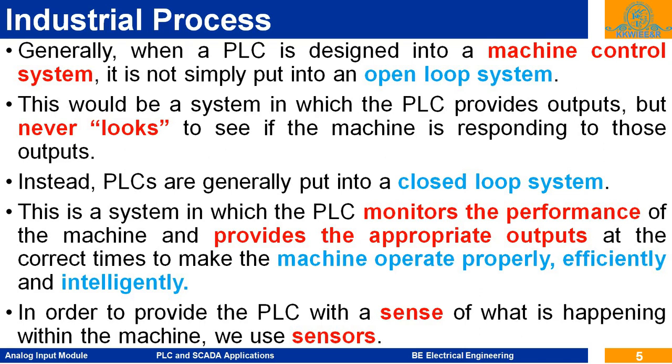When this position is sensed by this limit switch, it will stop the movement of the drill head, and the hydraulic cylinder will move in the upward direction until it is sensed at the home position.